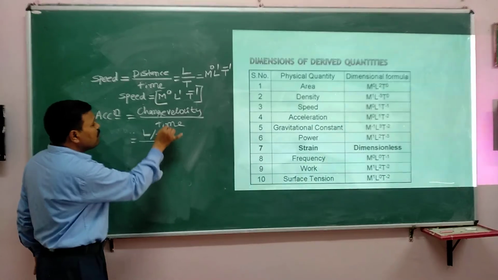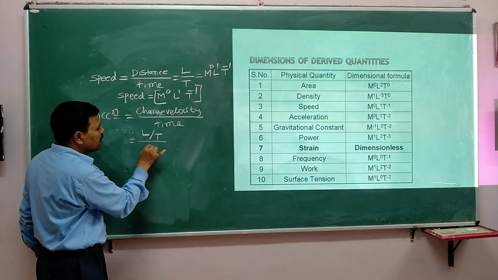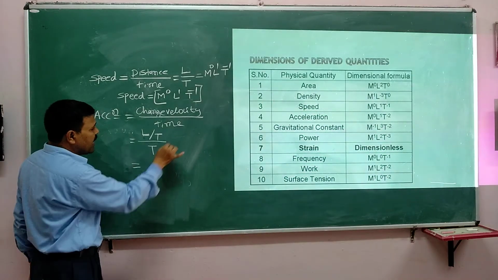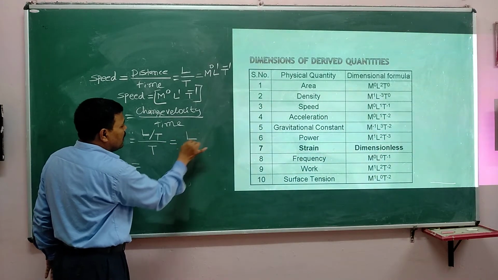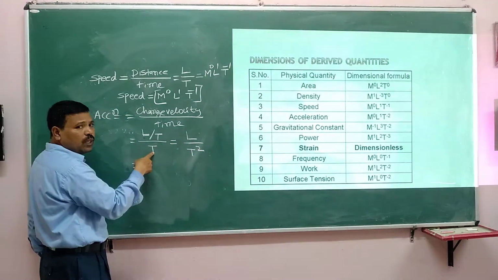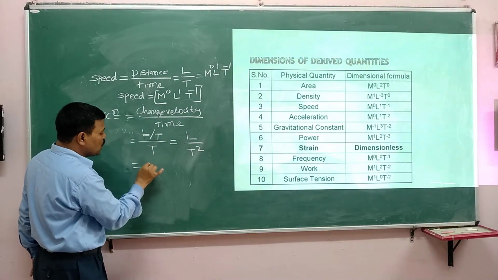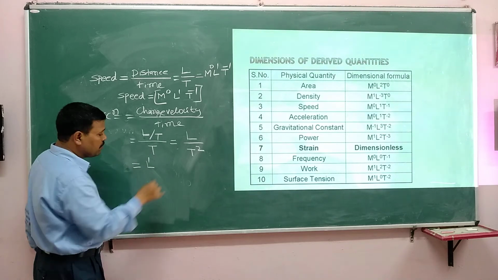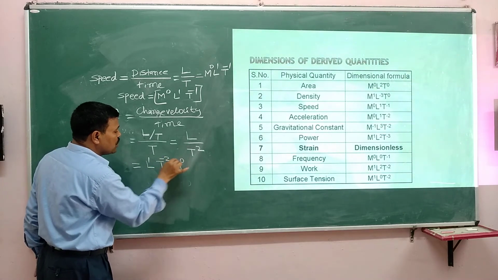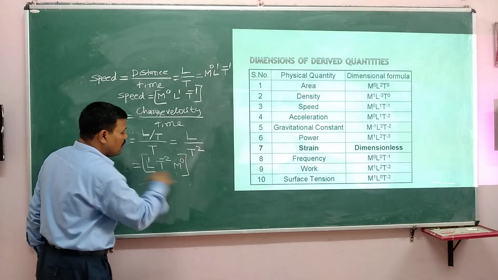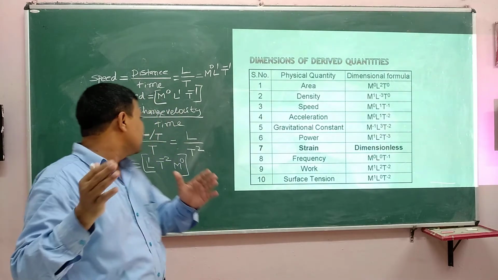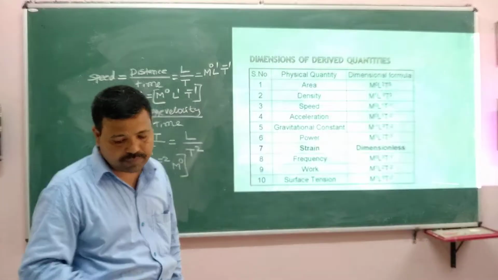And the dimensional formula of time is T. All together we can write this as L by T square. T into T becomes T square. So L raised to 1, T raised to minus 2 and M raised to 0. This is the dimensional formula of acceleration.